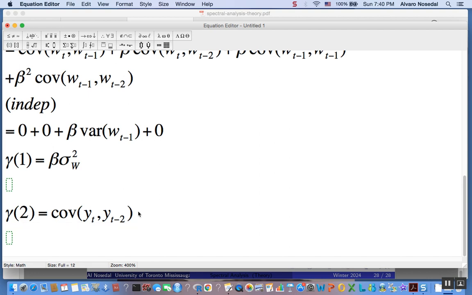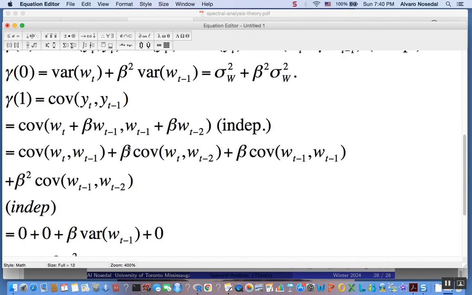So just like before, let me use the definition of your process. So it would be WT plus beta WT minus 1, and then I would need to change the sub-indices accordingly for this one. So again, let me copy-paste that from here, okay?